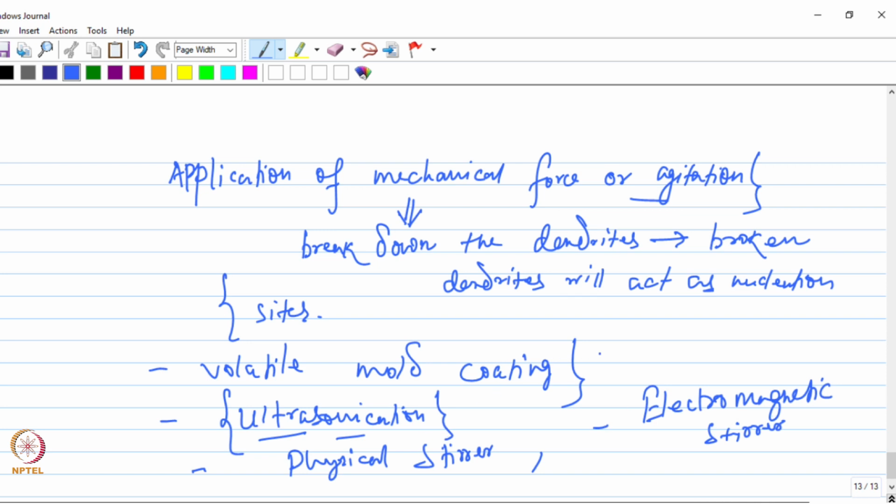And you can also do gas purging, that will again lead to creation of bubbles in the melt, and it will stir the liquid metal, and that can also create enough agitation in the melt to break down the dendrites for them to act as the nucleation sites. Okay, so this is another way of providing additional nucleation sites as the melt is cooled down during the solidification process. Okay.